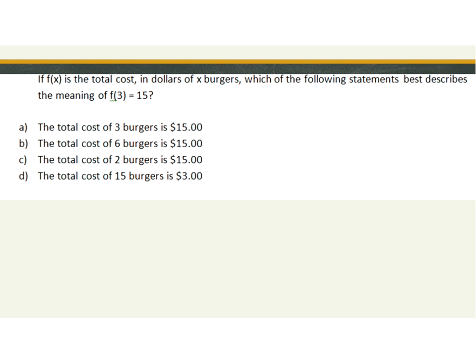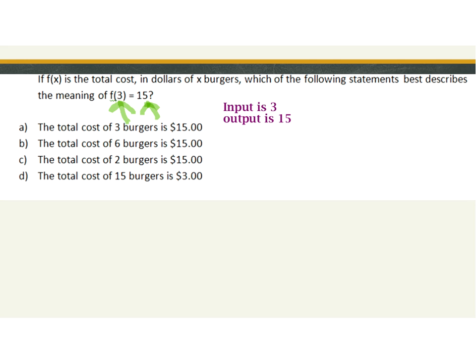Let's continue. F of X is the total cost in dollars of X burgers. Which of the following statements best describes the meaning of F of 3? So your input is your 3. Your output is your 15. That is really important to know. Your input is 3, output is 15.